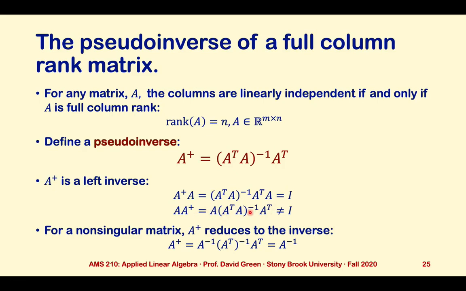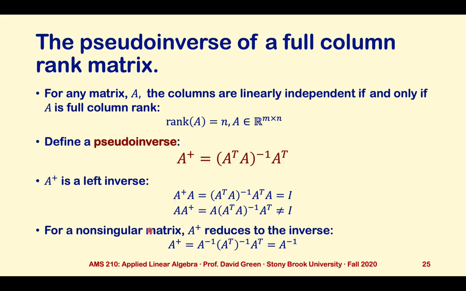This is not something that gives us I. The order of multiplication matters here. We don't get I in this case. Okay, so we call this a left inverse, but not a right inverse.